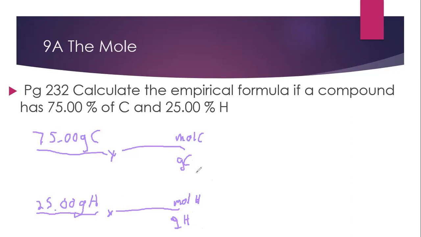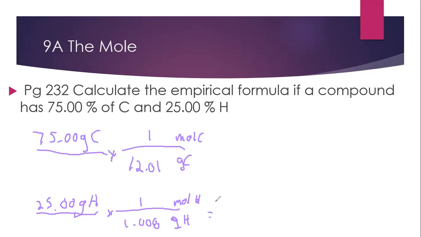As soon as you hear mass or grams, you must look them up. The periodic table tells us carbon is 12.01 grams and hydrogen is 1.008 grams. And per how many moles? 1 mole equals 12.01 grams of carbon. 1 mole of hydrogen equals 1.008 grams of hydrogen.